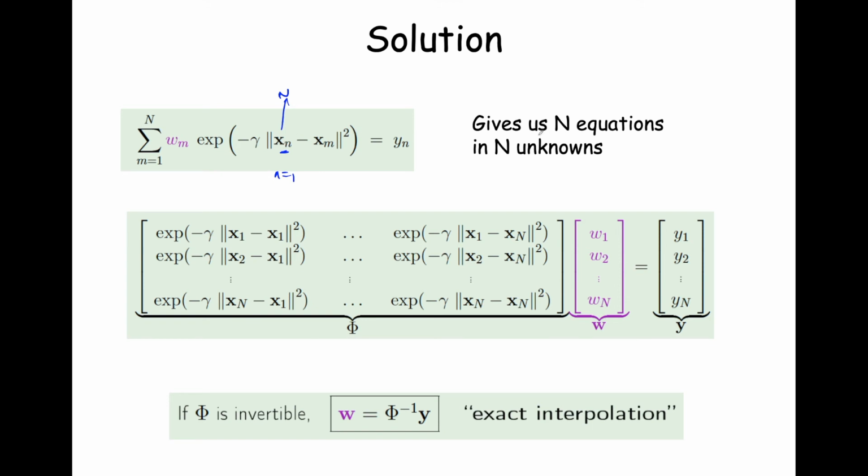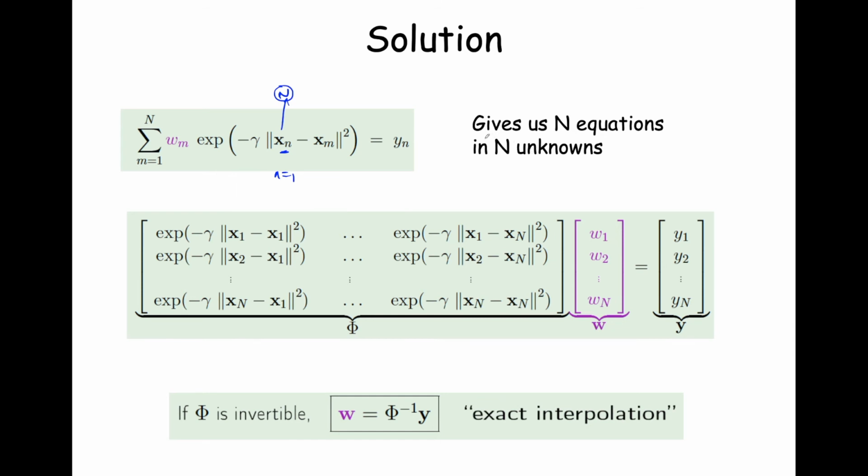So this gives us N equations in N unknowns, where the N unknowns involve each one of these N many w values, these weights. Our N equations correspond to this equation for xn, where n equals 1, n equals 2, etc., up to including this equation for n equals big N. So this gives us N equations in N unknowns.